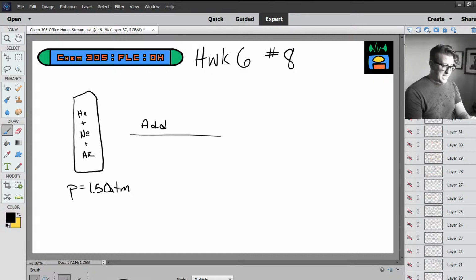Now we're going to add CO2 at constant temperature.